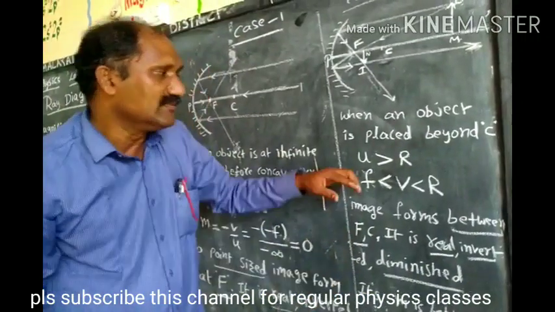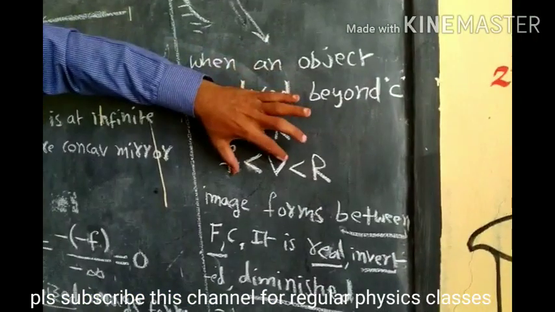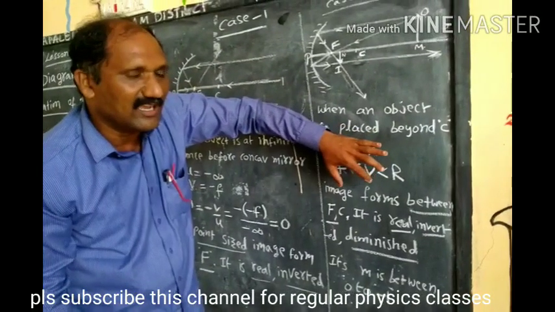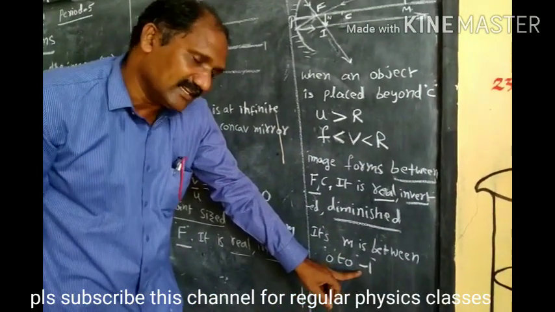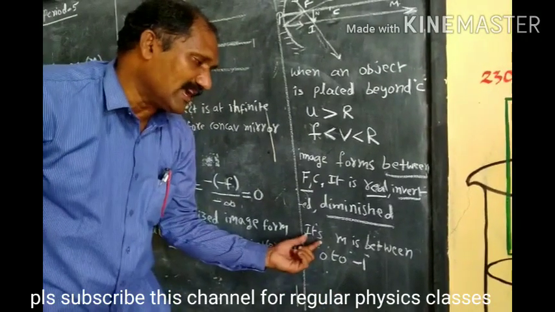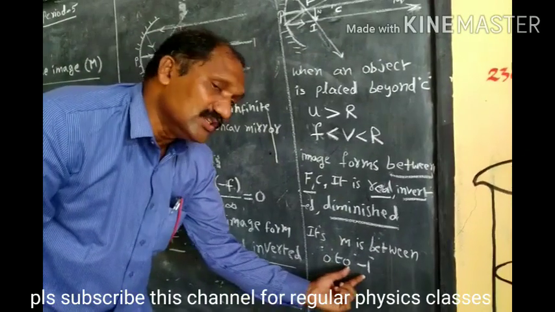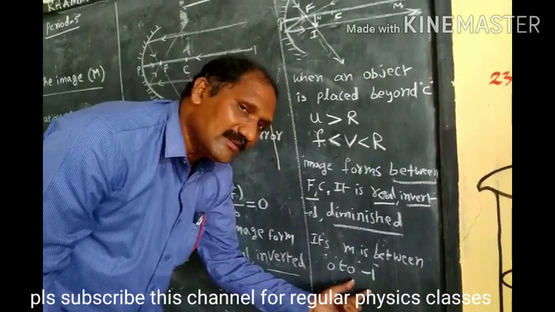Inverted, diminished means, as I have told, U is greater and V is lesser. That's why we get a value less than 1, but its sign is negative, which means the magnification value is between 0 and minus 1.